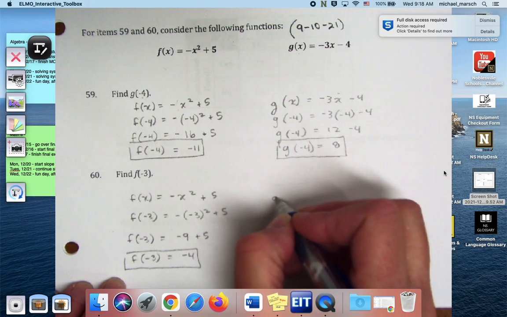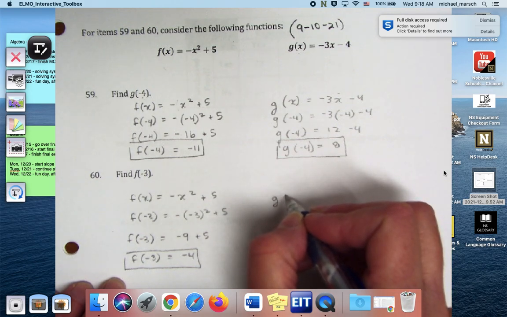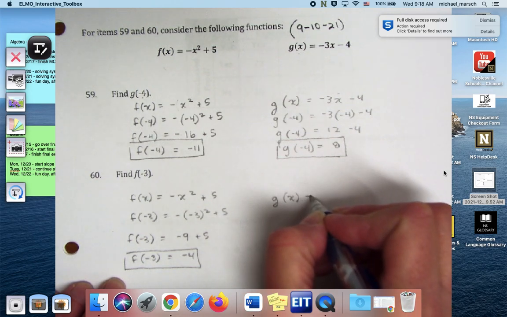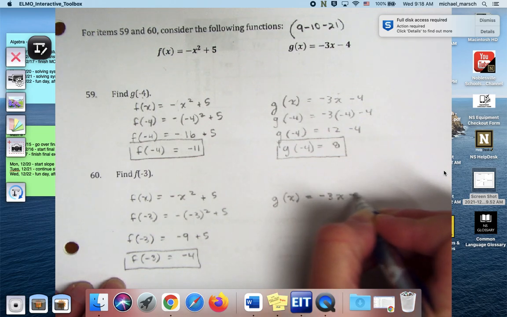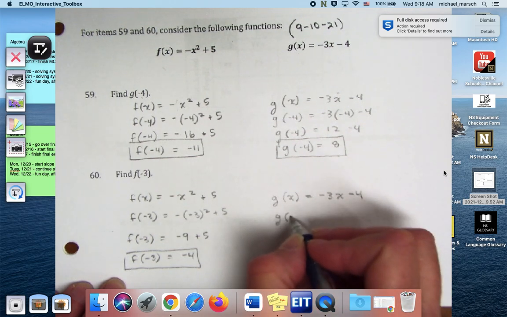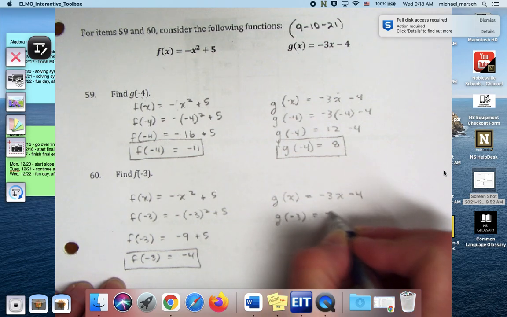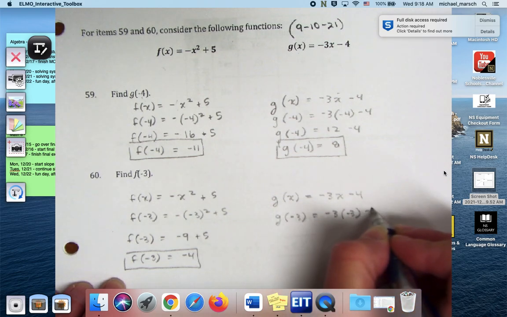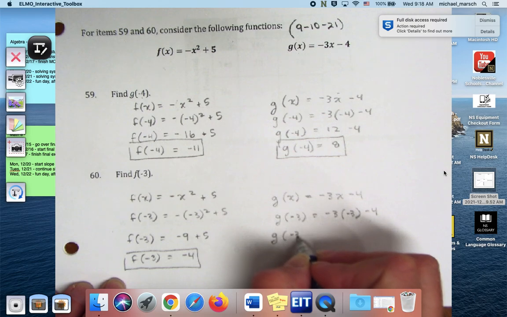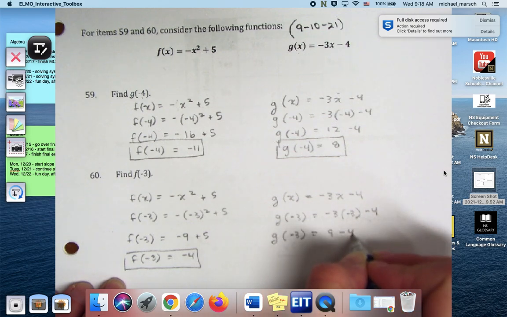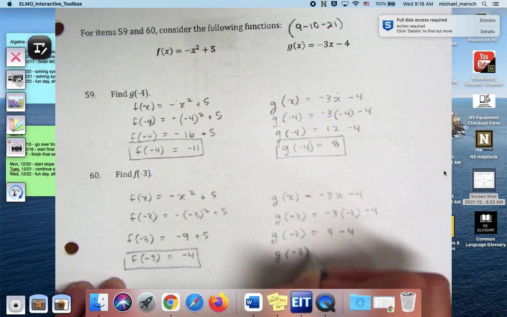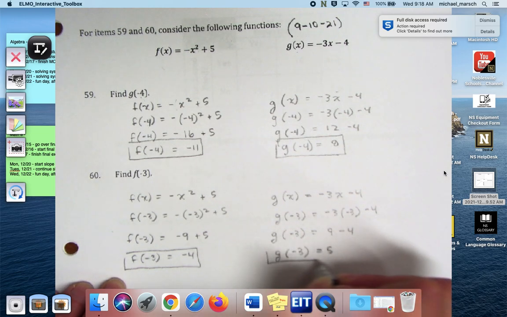And then if I do g of x equals -3x minus 4, put -3 in there. So I'm going to get 5 for my answer there.